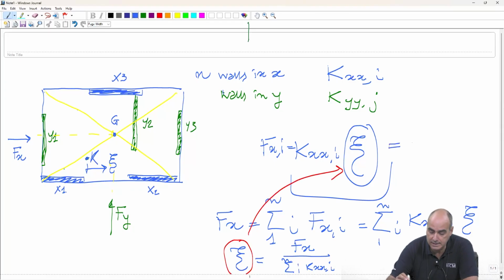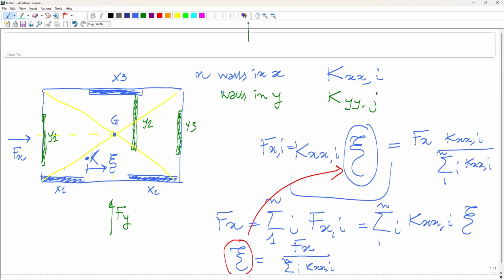And what you get is the force in each element is equal to the total force times kxi divided by the sum from i equal 1 to n of kxi. So this is rigorously, mathematically derived.